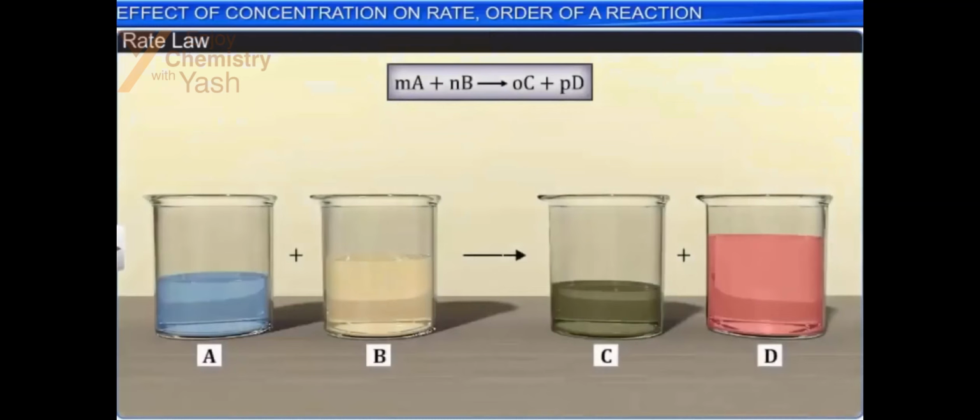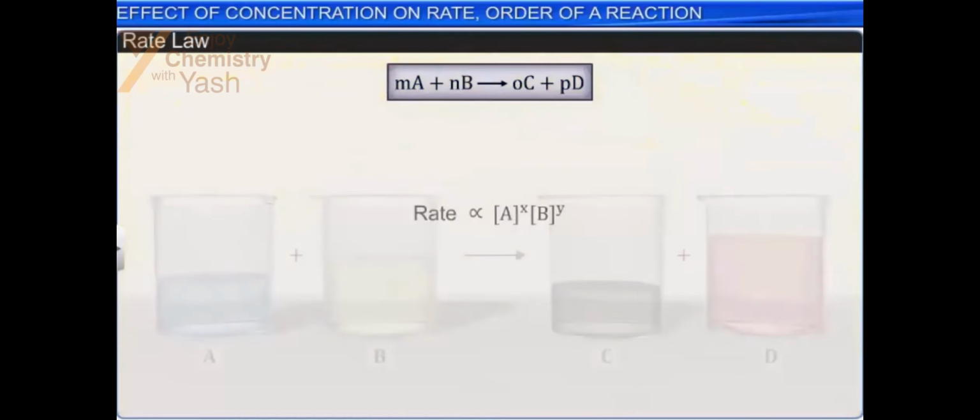Consider the reaction given here. Let's say m moles of A react with n moles of B to give O moles of C and P moles of D. We can write the rate law for this reaction as: rate of reaction is directly proportional to the concentration of A raised to the power x multiplied by the concentration of B raised to the power y. By replacing the proportionality with proportionality constant K, the equation can be written as shown.